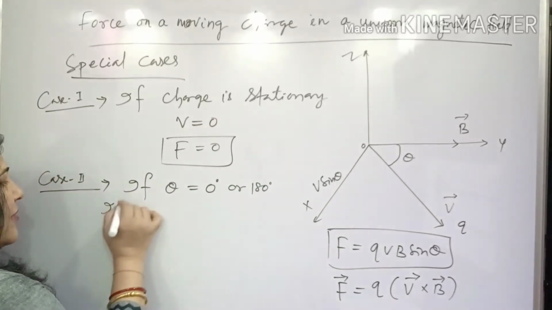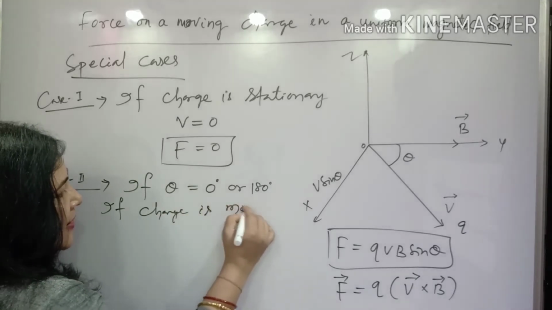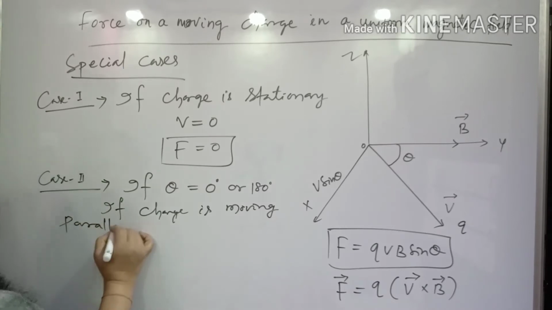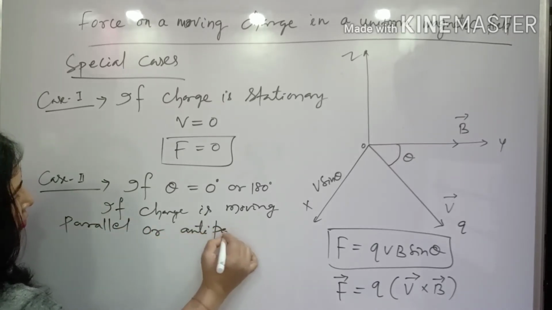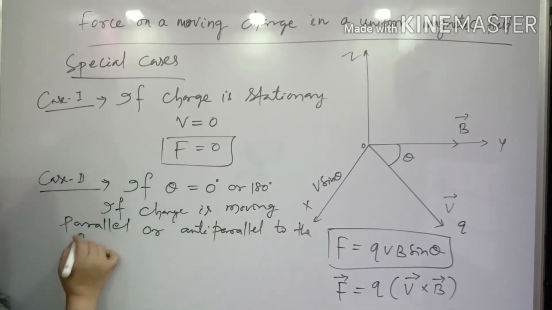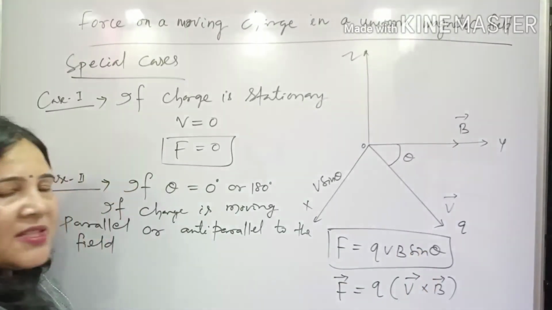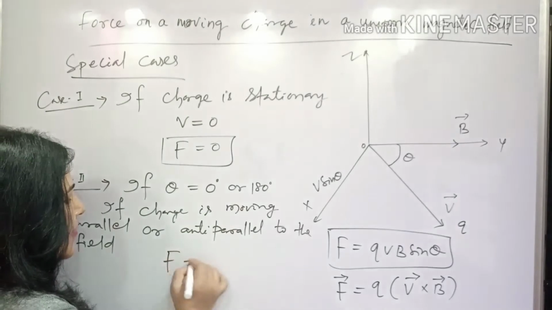So if the charge is moving parallel or anti-parallel to the field, in that case you can see here, what is sine 0? Sine 0 equals 0, and even sine 180 is 0. So in that case F equals 0.